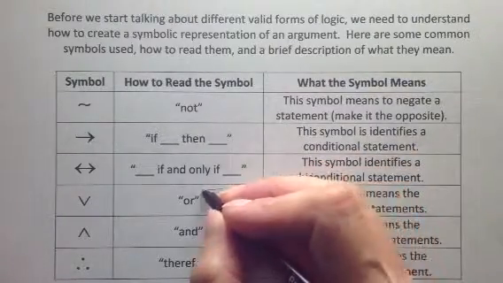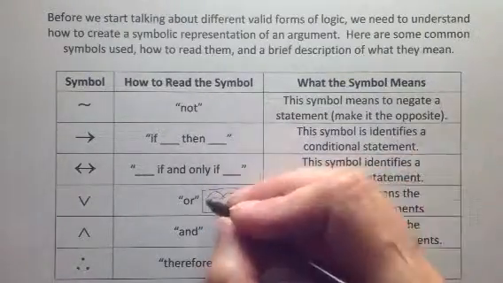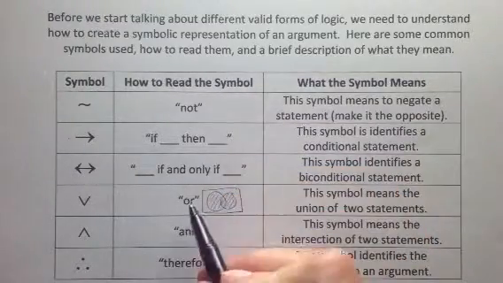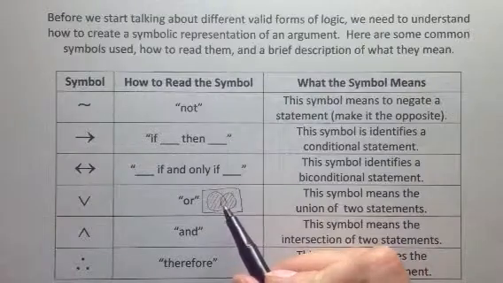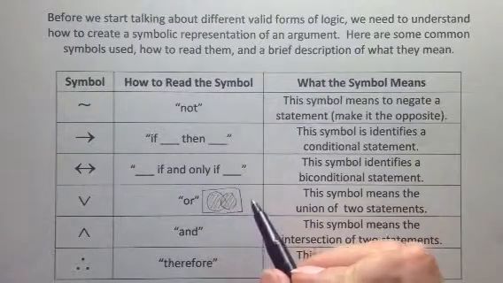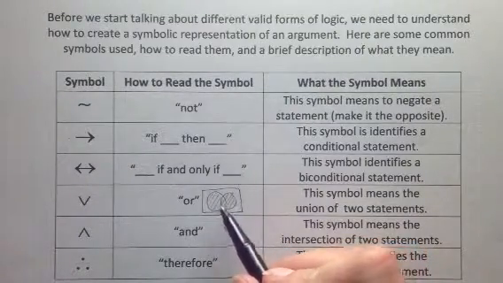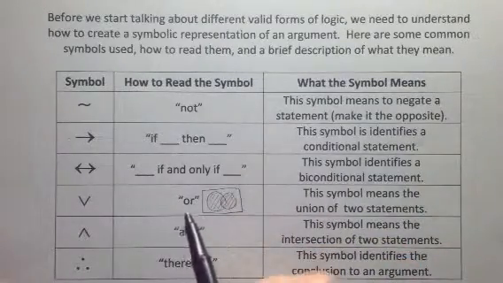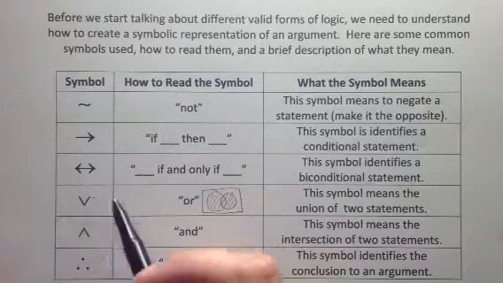So I'm drawing a little Venn diagram here, meaning it's the union, it's the two together. Because an or statement, like I either go to work or I go to school. Well, if I do either one of those, I'm talking about something that's true. So the union, the or statement, is the upside down caret.